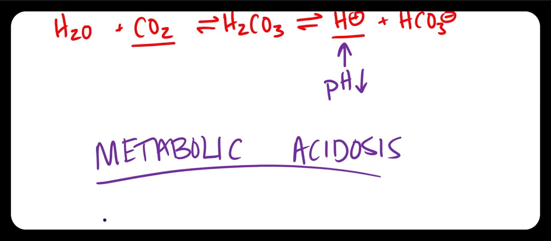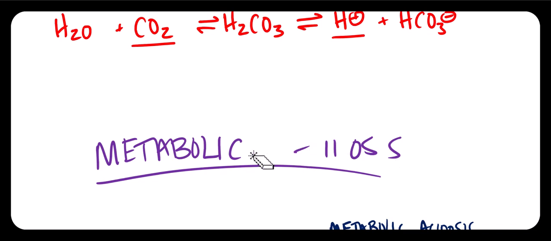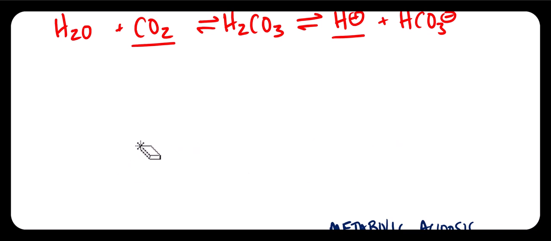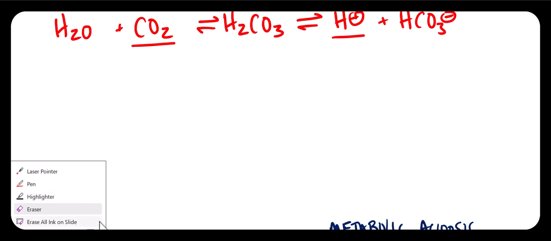So let's back this story up for a second. What we're going to talk about is compensating for metabolic acidosis. I'm just putting that down there because I want to clear this off and make room. So we're going to continue to focus on hydrogen ion and carbon dioxide. So we'll go back to my little lady eating aspirin story.